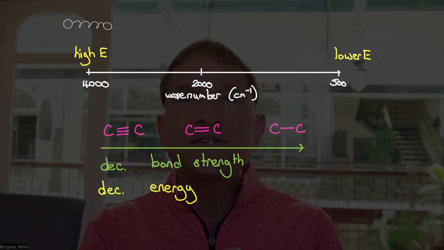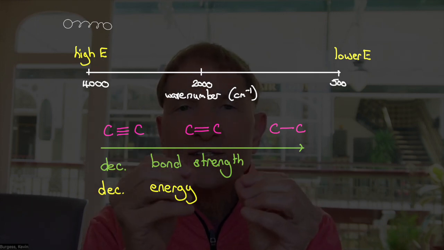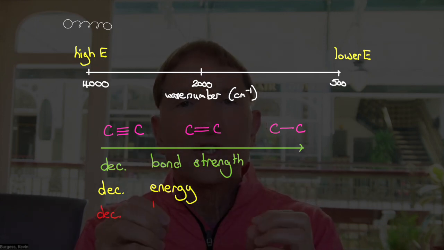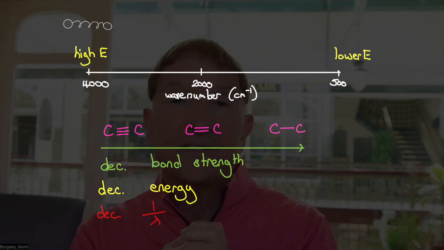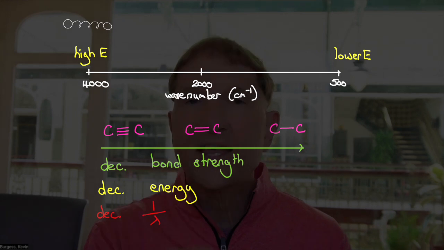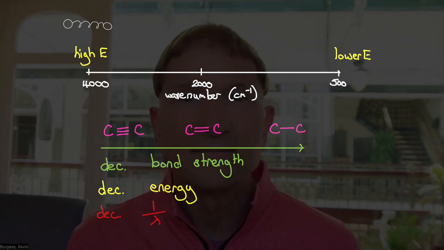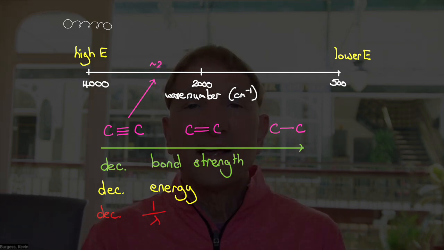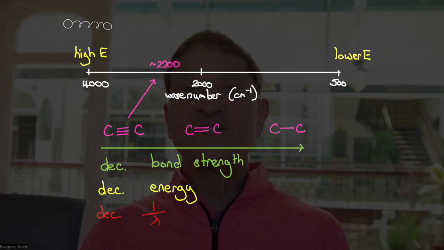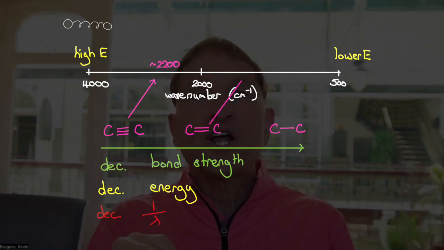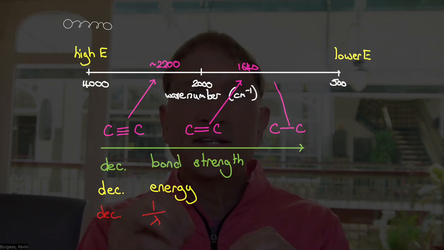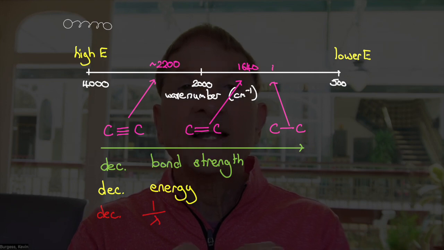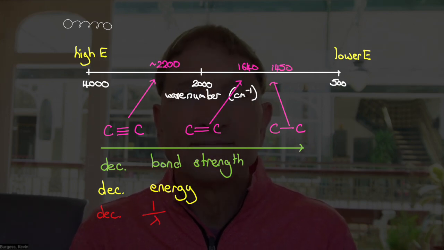Connectivity between carbons in alkynes is stronger than connectivity between carbons in alkanes because there are 3 bonds there relative to just 1. Sure enough, C≡C triple bonds stretch at higher wave numbers, that's higher energies, than C-C single bonds, and alkenes are in between.